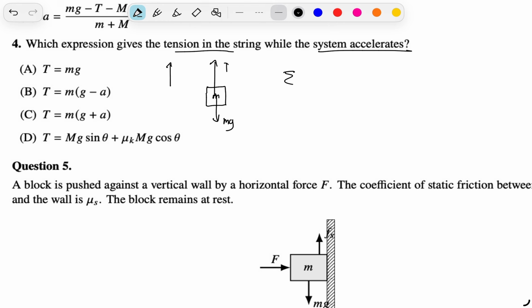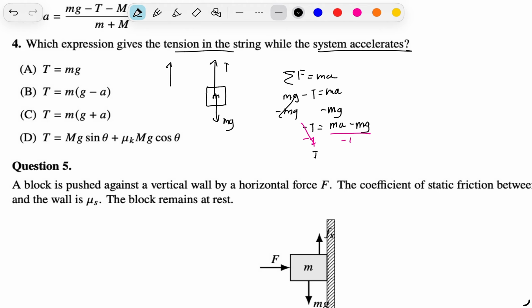Then in this case, you'd have F is equal to ma, you'd have mg minus T is equal to ma. Solving for tension, subtract that mg, you have negative T is equal to ma minus mg. Then dividing both sides by -1, you have tension.